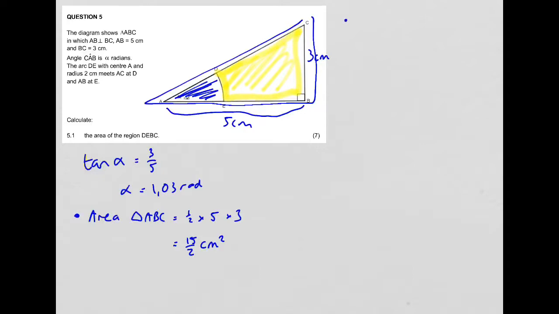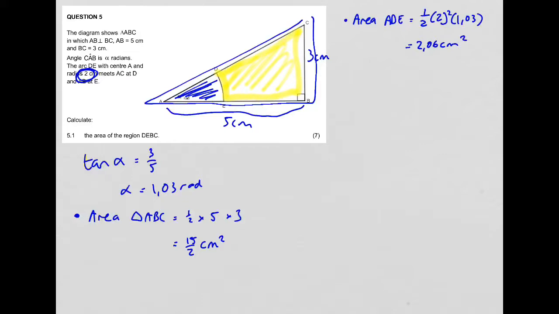The second part, the area of sector ADE, is equal to, the formula is a half r squared theta, so a half into 2 squared times 1,03 radians. Remember, they told us that the radius is 2 centimeters here, so that simplifies to 2,06 centimeters squared.